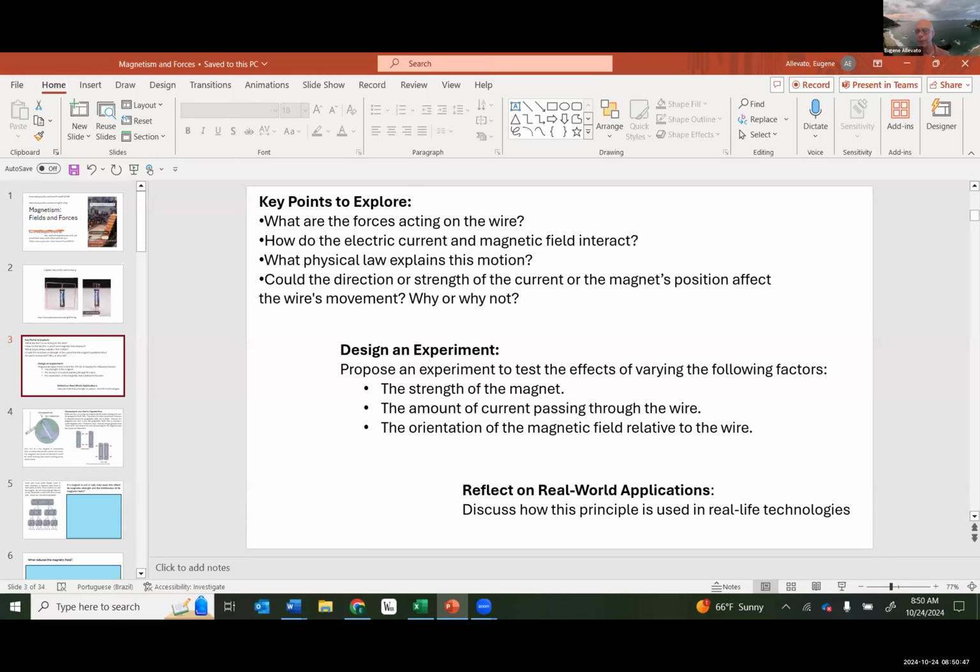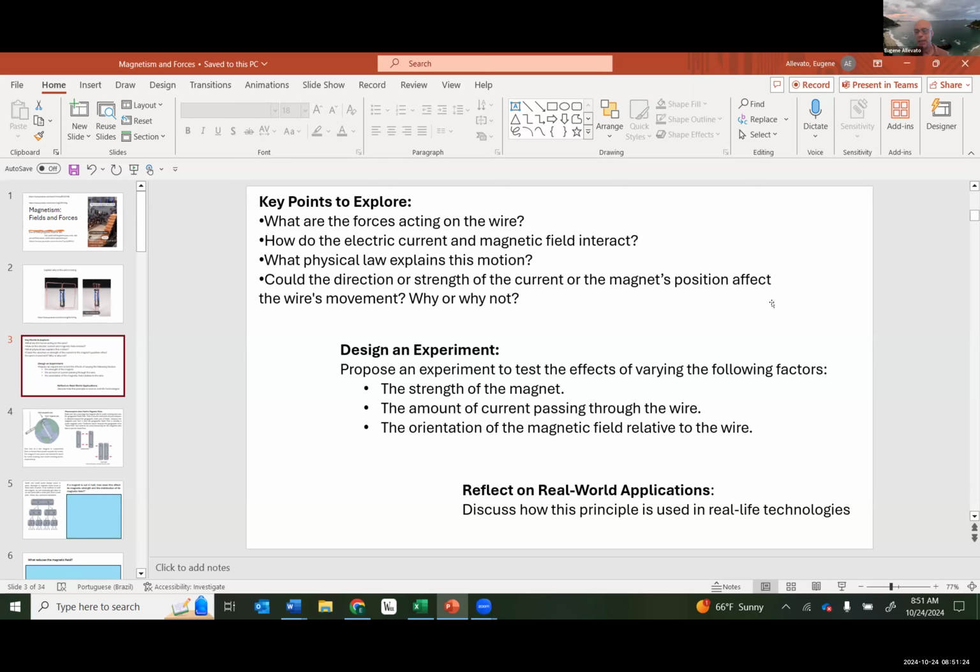What do you think would happen? Would the motion change somehow? So it would be a good exercise for you to think about those things. And if you're able to answer all these questions by the end of today's lecture, you can feel that you understand the topic that we're covering today, and that you could reflect on real-world applications.